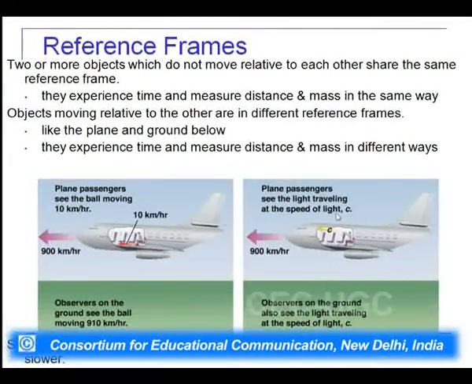It means for both, the speed of light is the same, but the speed of the ball will be different. It means the value of c will not change with the frame or with the relative motion. Since the ground observer sees light move at c, the plane passenger is always slower.